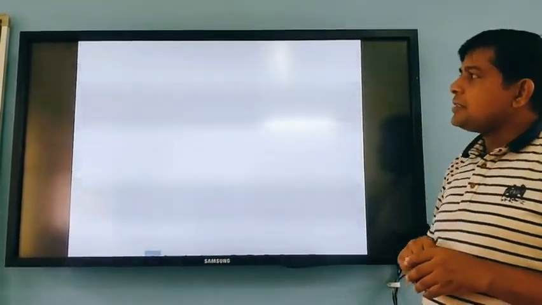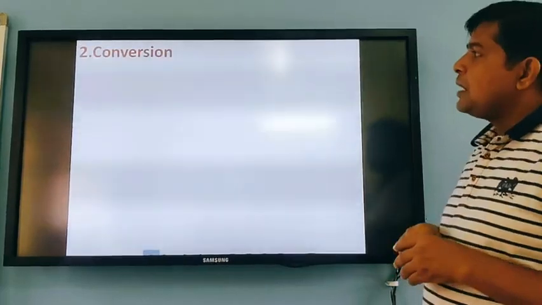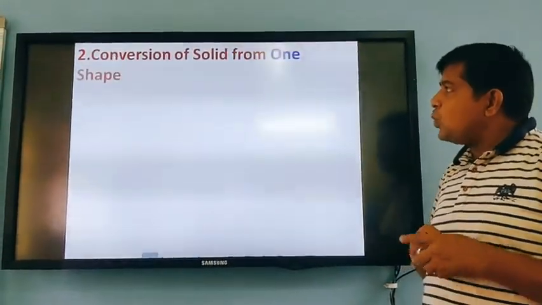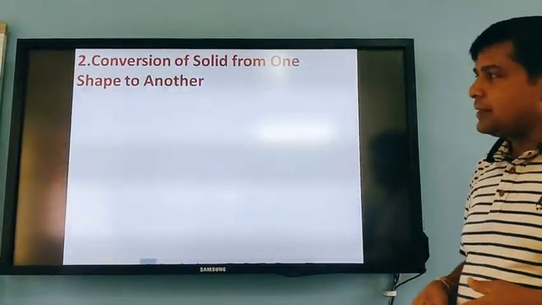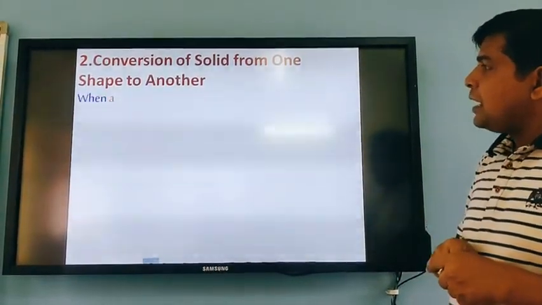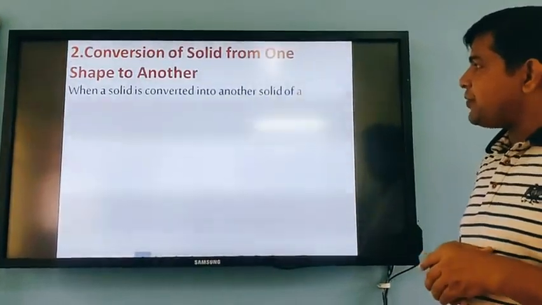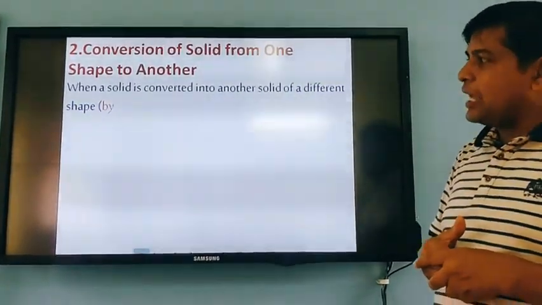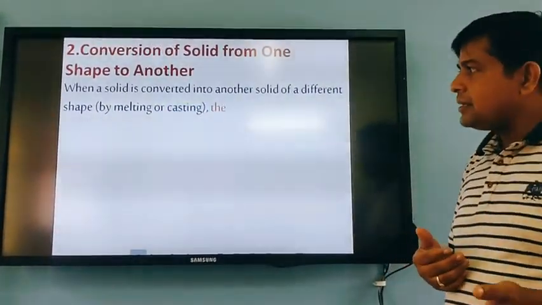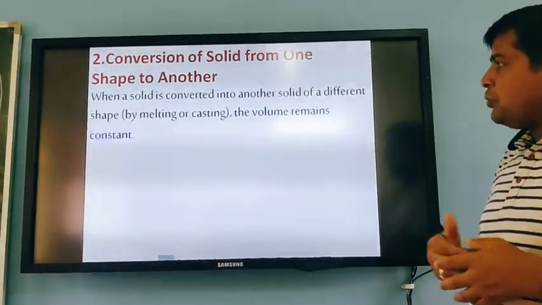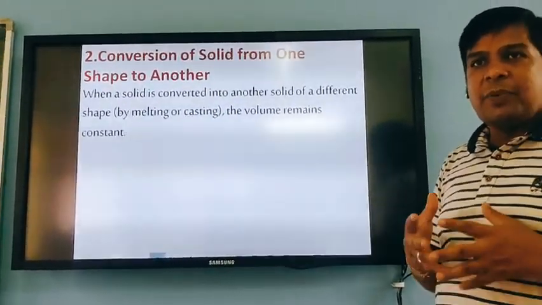Now let us discuss the third topic, conversion of a solid from one shape to another. When a solid is converted into another solid of a different shape by melting or casting, the volume remains constant. This is the basic concept.